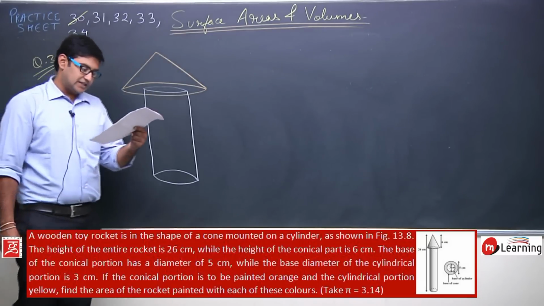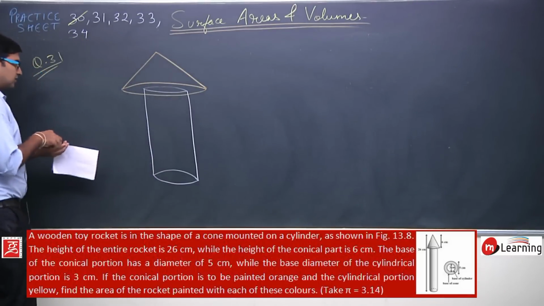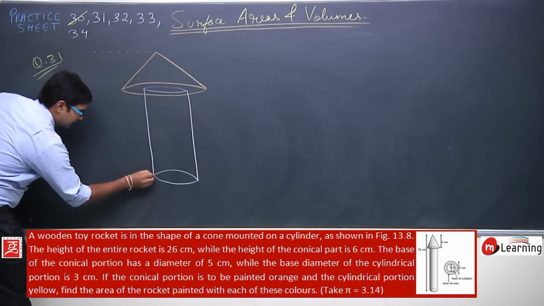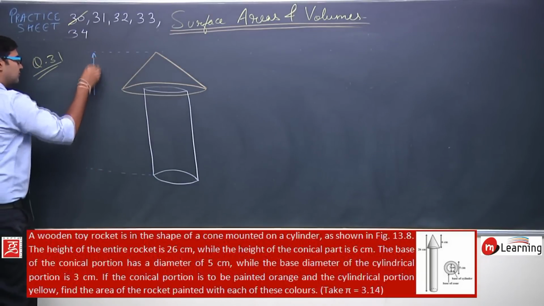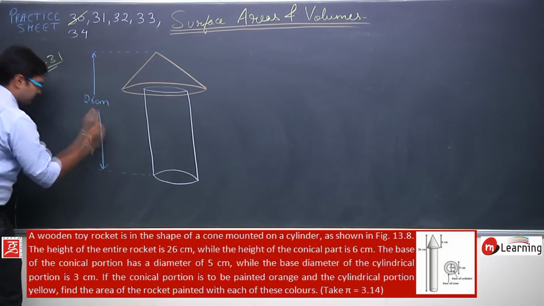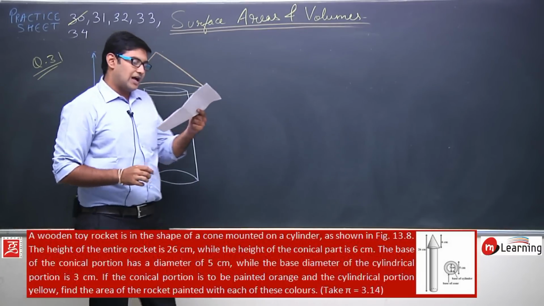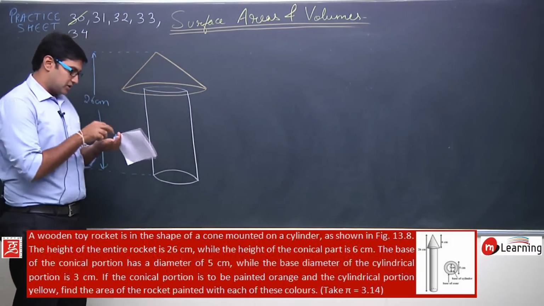So here, if I talk about the total length, then the total length will be calculated from the top of this cone till the base of this cylinder, and this total length is given as 26 centimeters. Further, the height of this conical part is given as 6 centimeters.